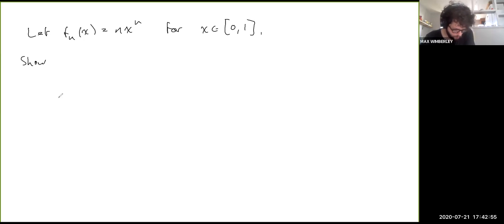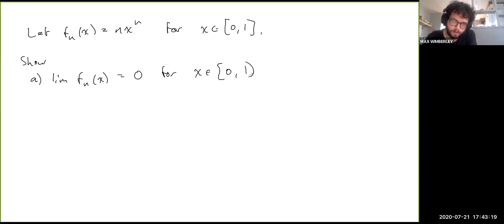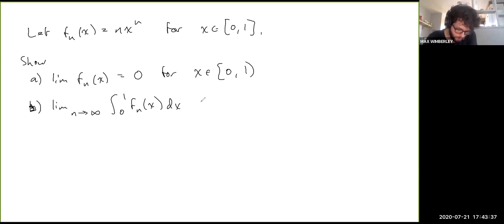Show that, a, the limit of Fn of x equals 0 for x in [0, 1], and b, the limit as n approaches infinity of the integral from 0 to 1 of Fn of x is 1.